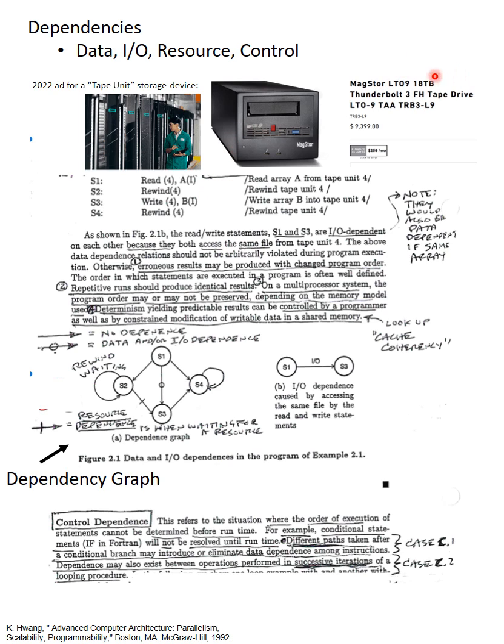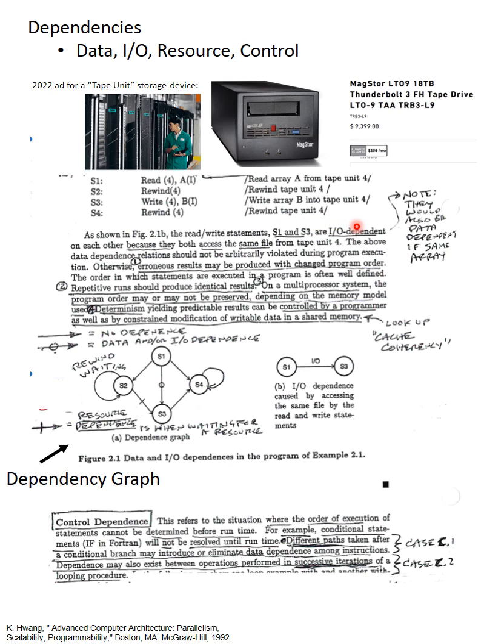And here, by the way, is actually a 2020 tape unit for about $10,000. So here's an example, and you're reading and writing from a tape unit, and then there's a discussion here how S1 and S3 are I/O dependent because they're using the tape unit reading and writing from it.